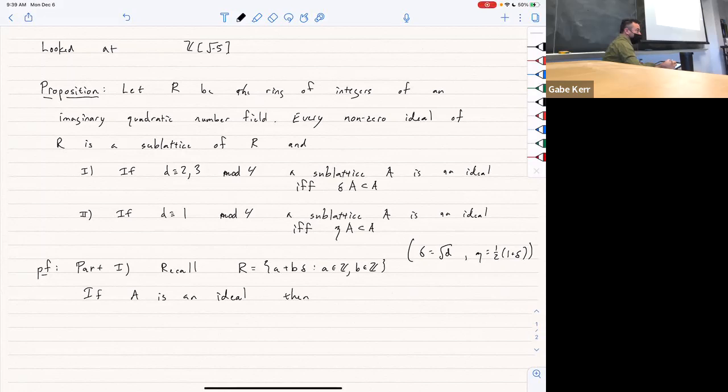So, what are you saying at this point? What does it mean to be an ideal of a ring? What's the definition? Multiply any element of the ideal by any element of the ring. Right, it's closed under that, and that's one part of it.